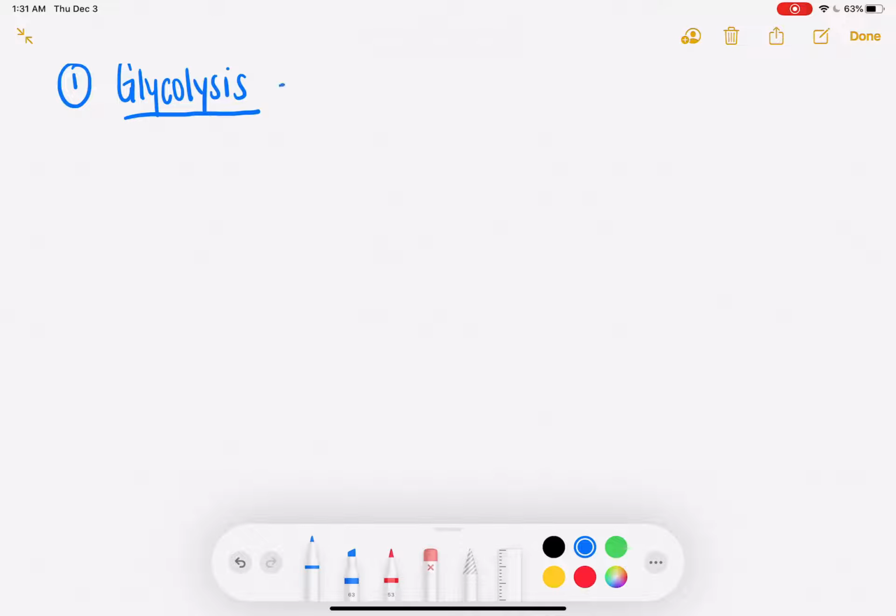Glycolysis. Ultimately, what glycolysis is, you should recognize that word lysis. Lysis is a breakdown, and we are breaking down glucose. So in this step, glucose is broken down.